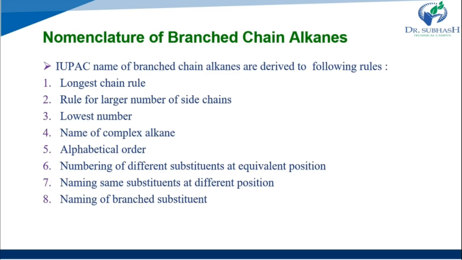Then the nomenclature of branch chain alkanes as per the IUPAC rules. The first rule is the longest chain rule: the alkane chain should be the longest. The second rule is for the larger number of side chains. The third is the lowest number rule.